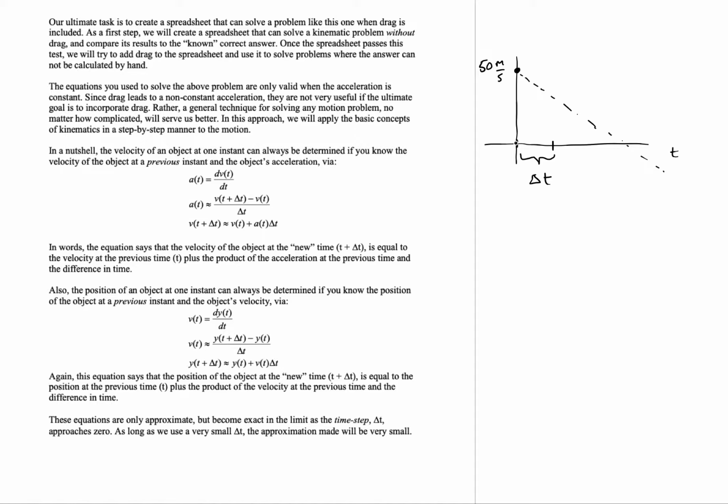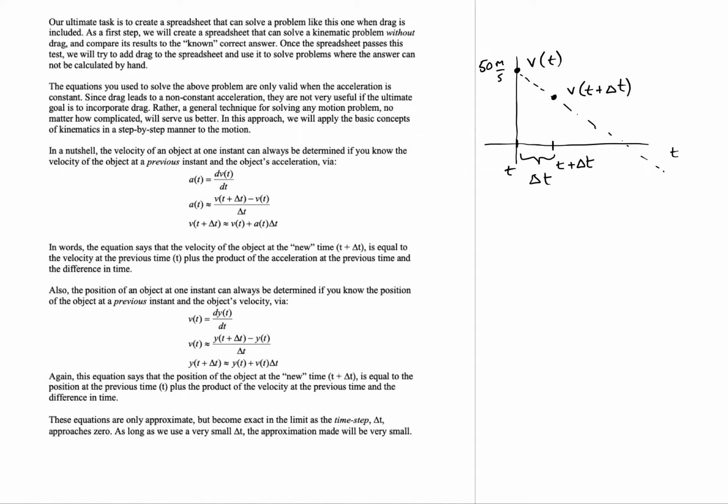The initial time could be just t, and then this new time would be t plus delta t. That would lead to a velocity here, where this height is v of t, and this height would be v of t plus delta t.